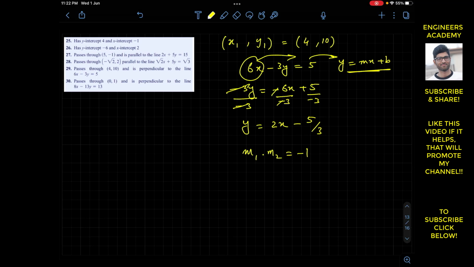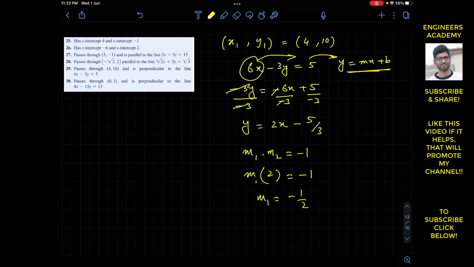So let's say the slope of the given line is m2. If we compare this equation with y equals mx plus b, then m2 is plus 2, and m1 is the slope of the desired line. So m1 times m2, which is 2, is equal to minus 1, and from this we can write that m1 is minus 1 divided by 2.